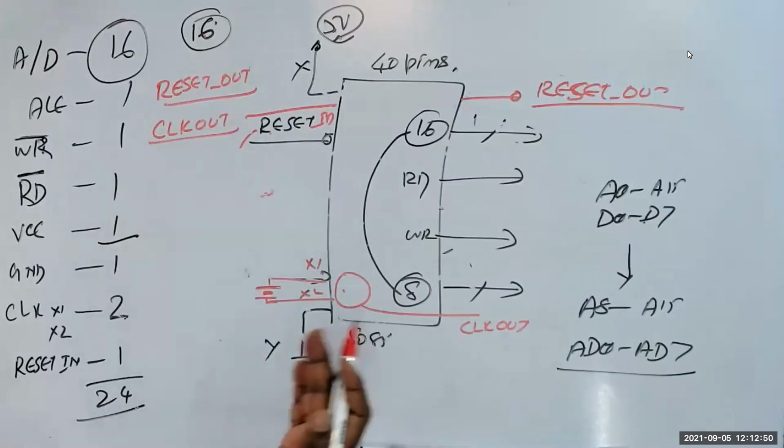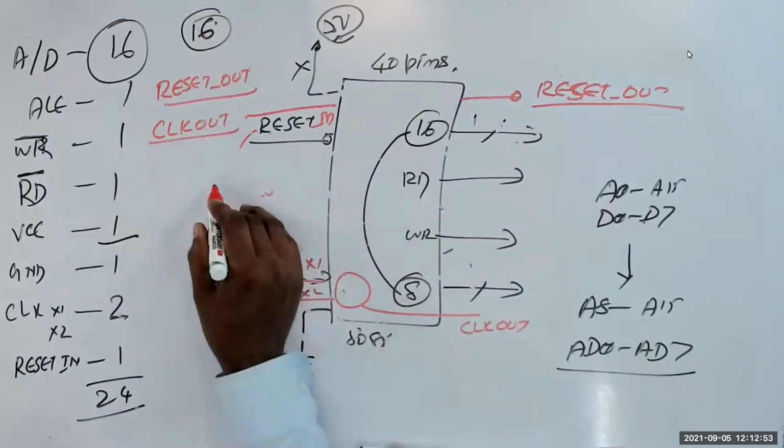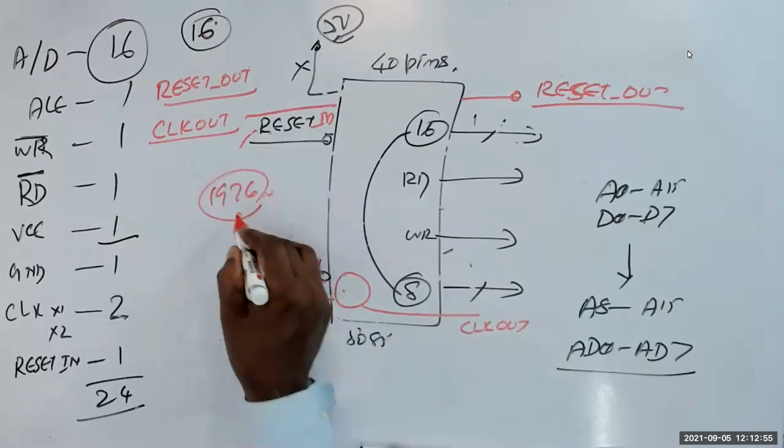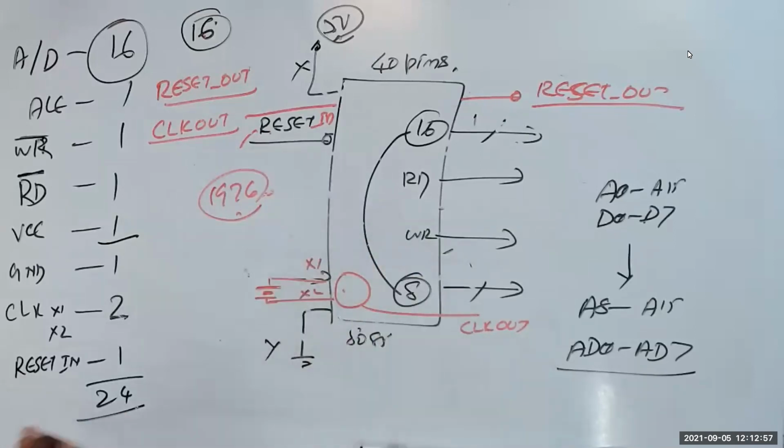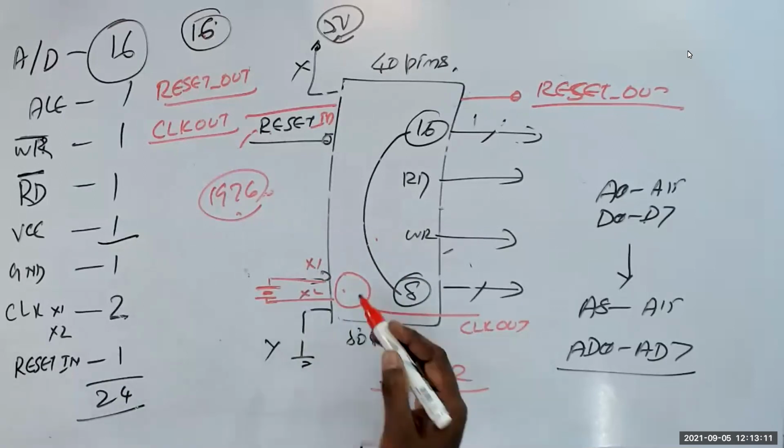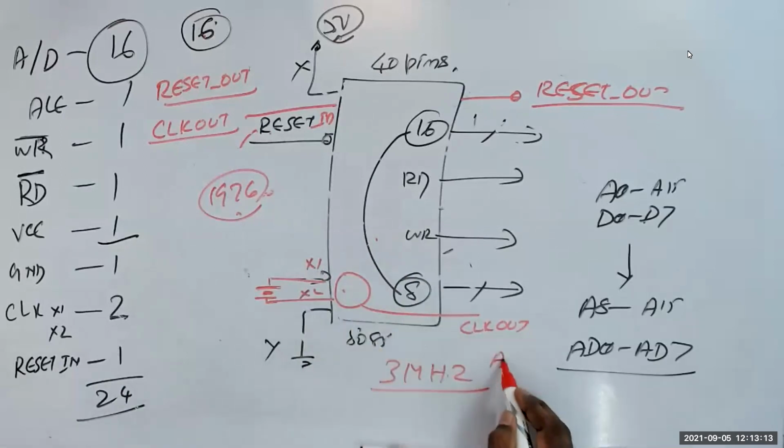But unfortunately, this is a very old processor from 1976. You cannot imagine the speed at which it was operating: 3 megahertz. Today you are operating at 3 gigahertz, which is 1,000 times faster. Then when they increased the power, they went up to 5 megahertz, then 8 megahertz.